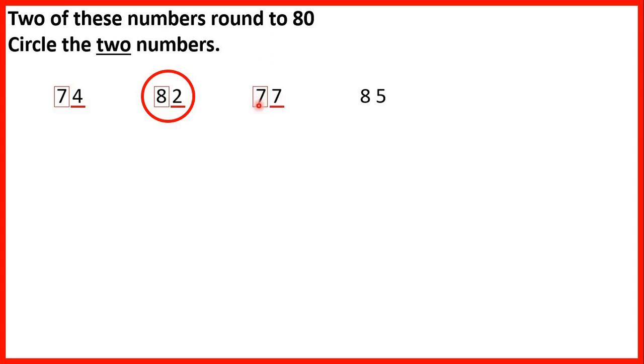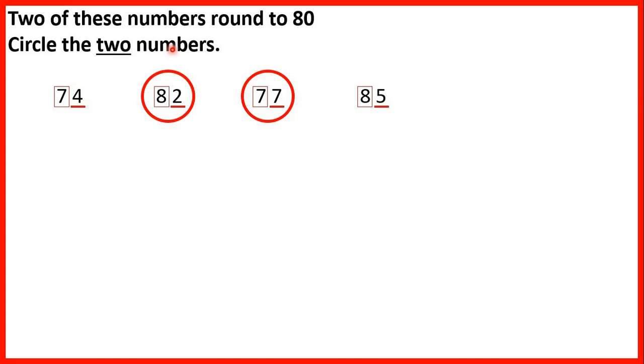So that means this 7 in our tens is going to become an 8. So that rounds to 80 as well, because we're rounding up. And now 85. Remember, if it's 5 or more, we round up, and that means the 8 would become a 9. So 85 would round to 90, not to 80.